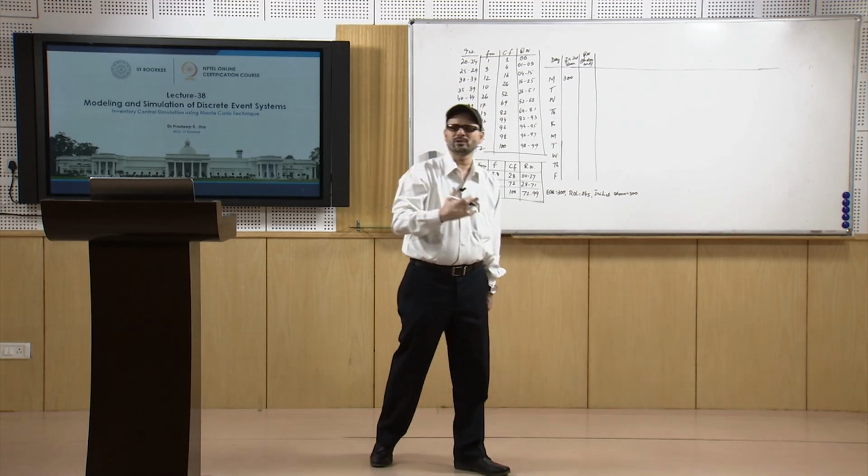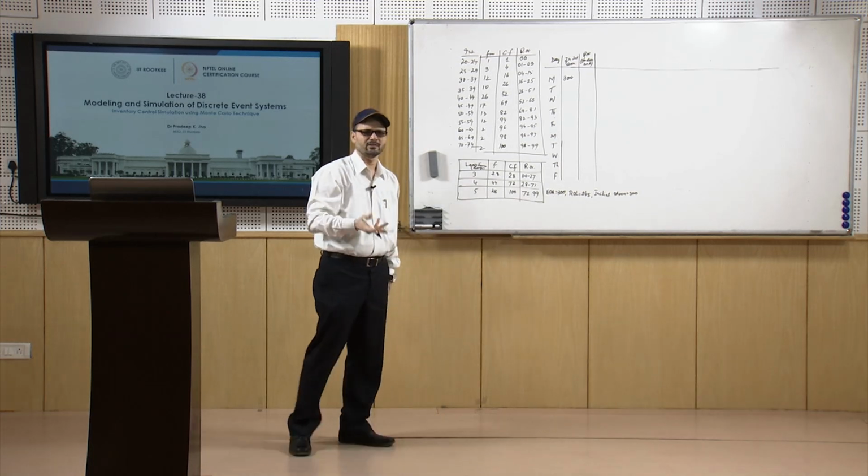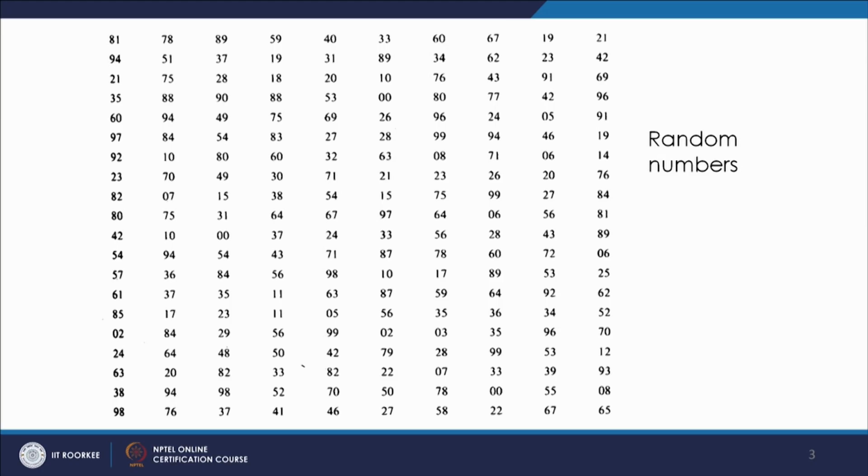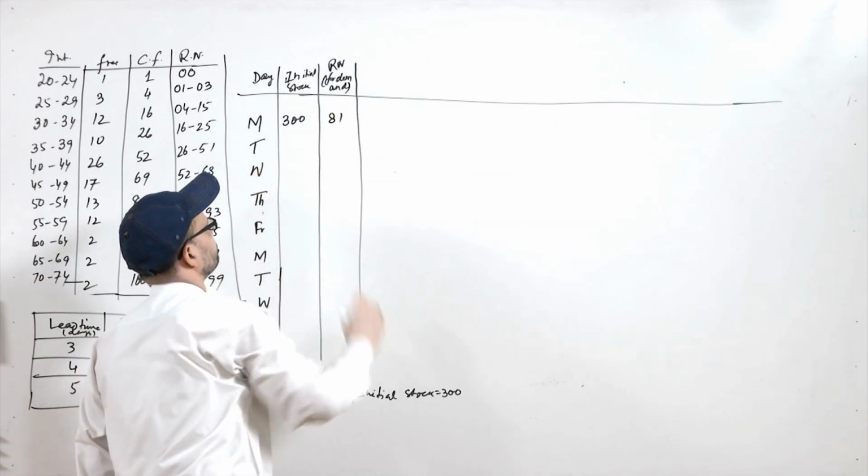Any random number you get will be less than 100. So, the first random numbers are 81, then 78, 89, 59 like that. The random number is coming out to be 81.